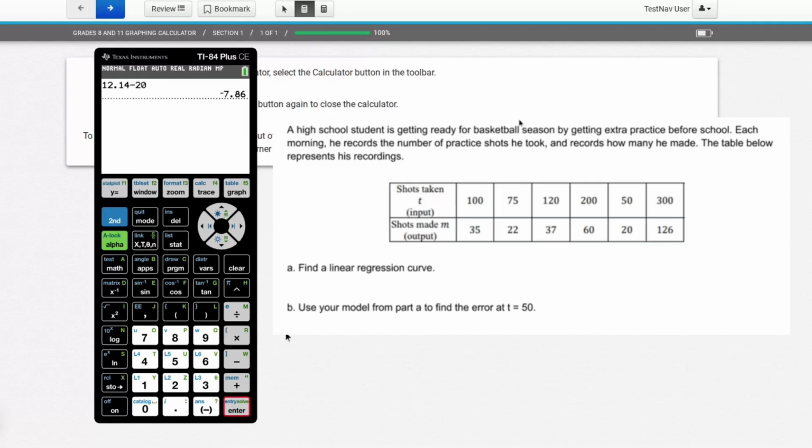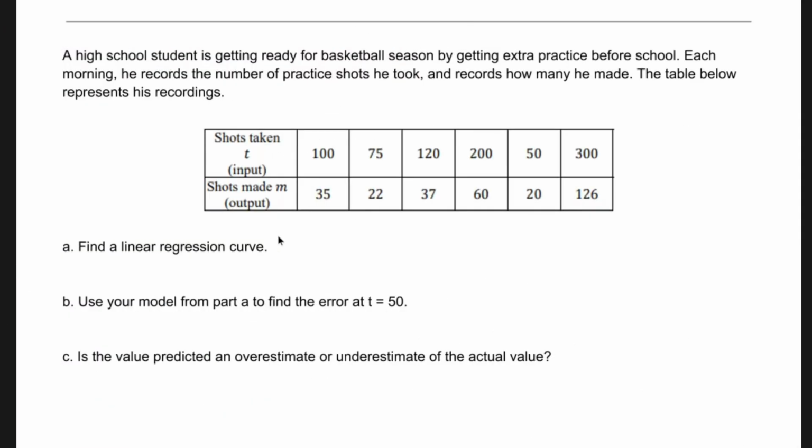Okay, so let's go back and do that and then answer part C. All right, so we ended up with y equals 0.417x minus 8.701.